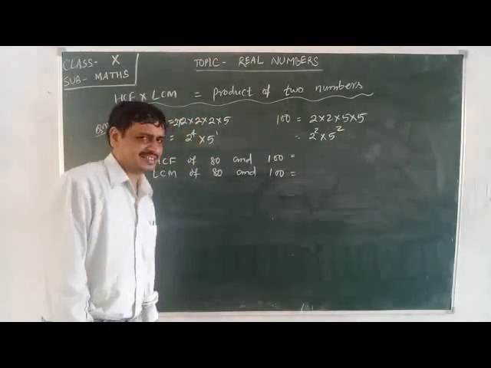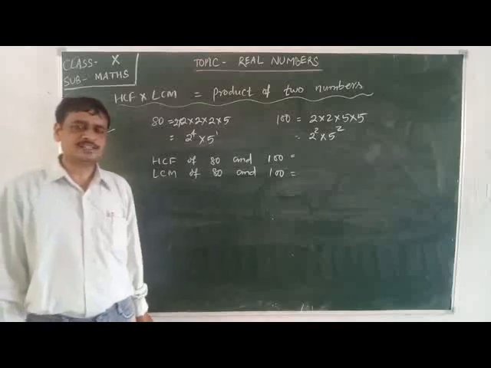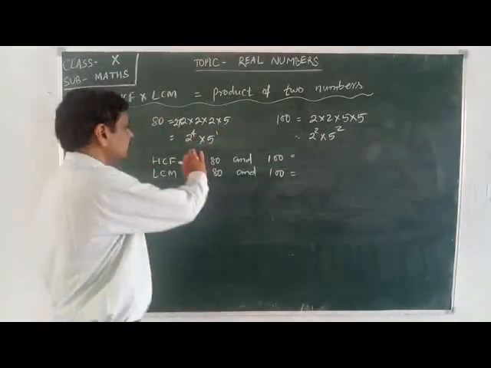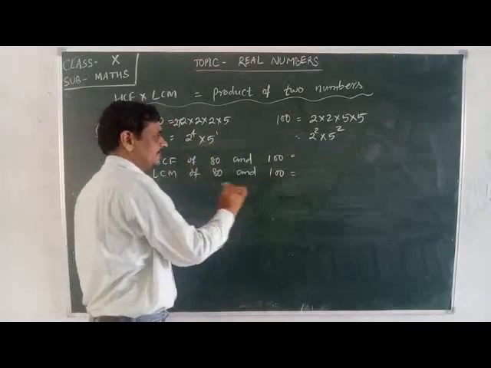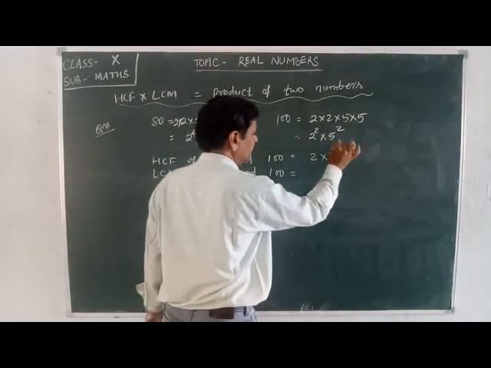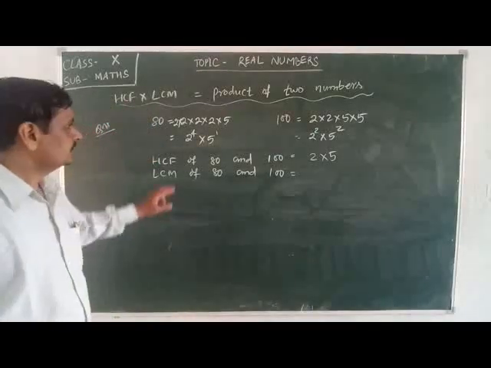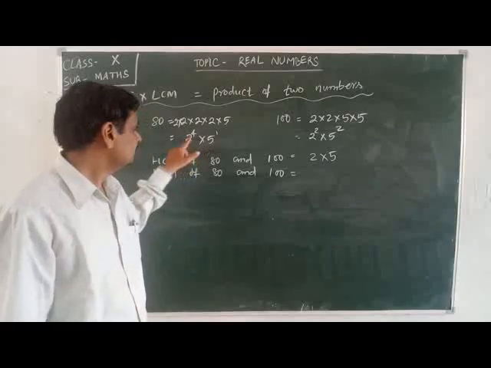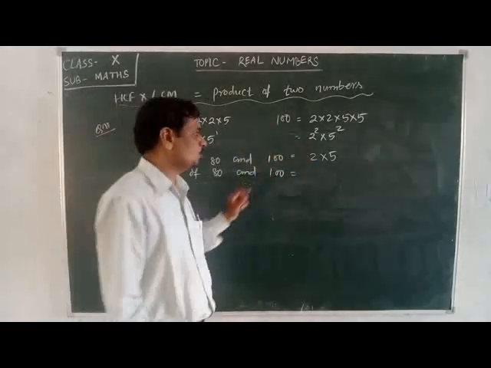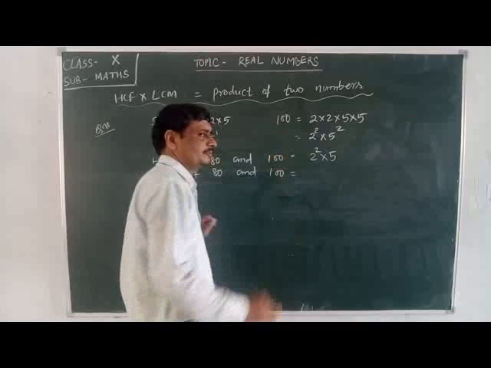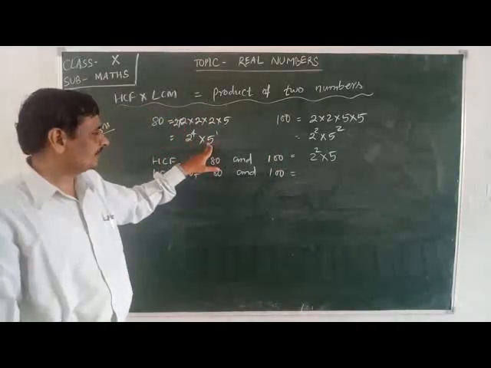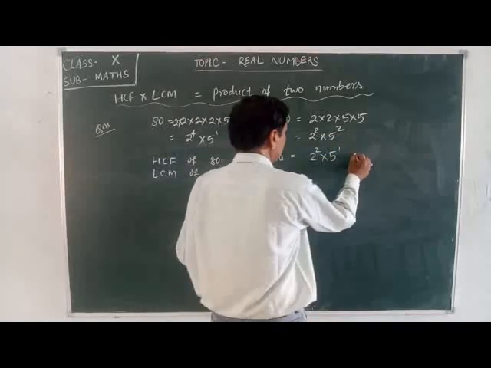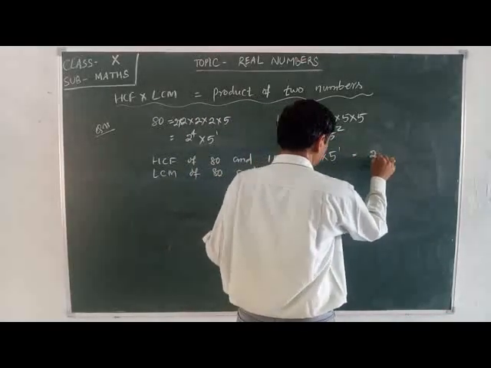First, we have to consider the factors which are common between these factorizations. In both factorizations, 2 and 5 are present. The maximum number of 2s common here: there are 4 2s in one, and 2 2s in the other. The common is 2 2s. There is 1 five, and there are 2 fives. So it is 1. This HCF is 20.